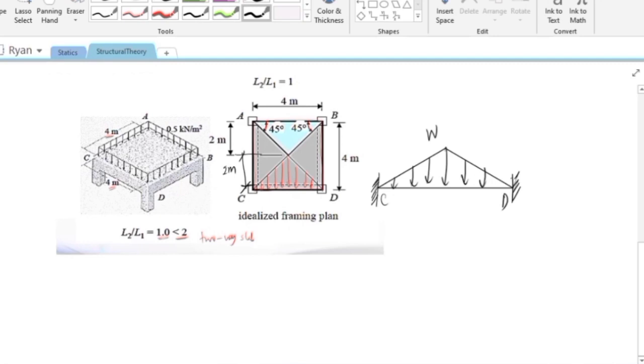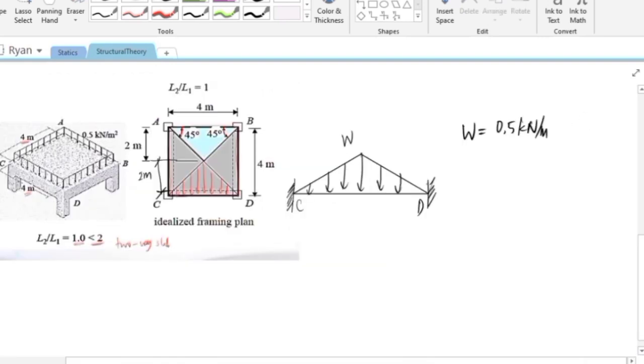So W is equal to 0.5 kilonewton per square meter multiplied by 2 meters, and W is equal to 1 kilonewton per meter. And now, this is the idealized beam.